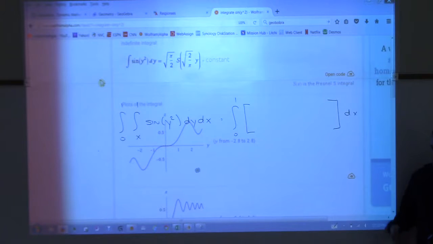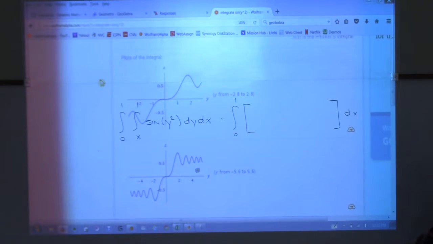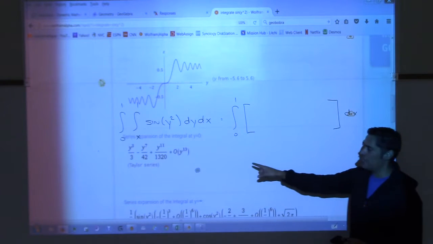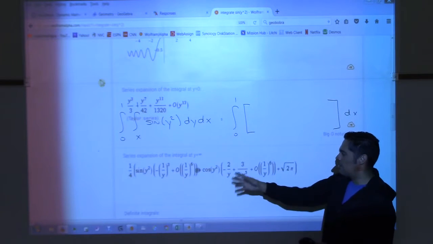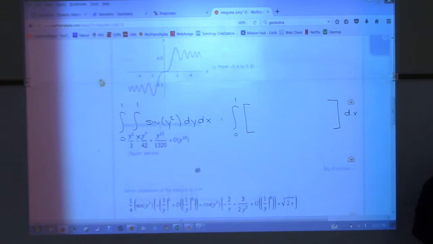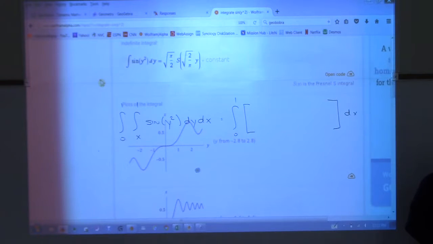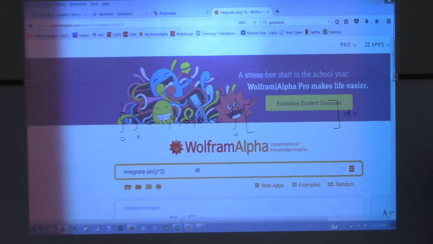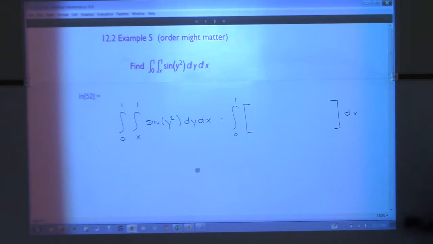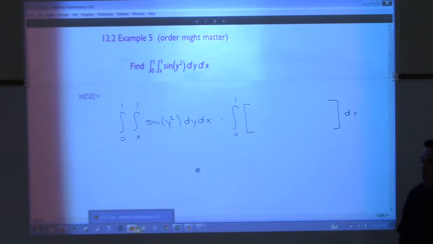Just like in Cal 2, hopefully your professor showed you there are some functions you just cannot integrate, which is what makes power series so cool, because you could do a power series expansion, and then you could integrate that. So if you use series, you can get approximations, all right? The whole point of this problem is to make you appreciate the fact that sometimes the integral isn't possible to do.